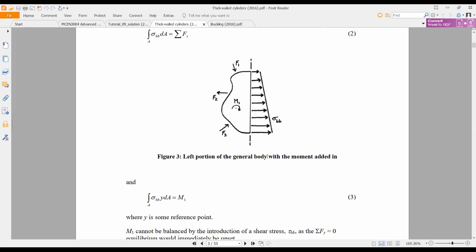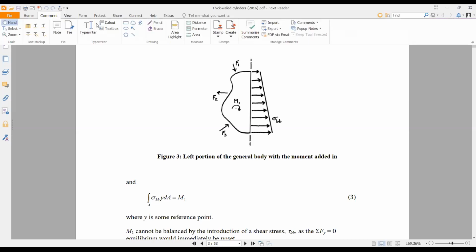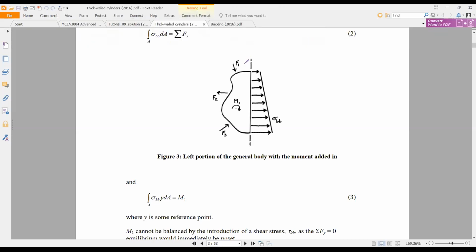So why can the shear stress not be applied to that surface? Okay, I will draw here. I think I got what you're asking. If it is not what I'm explaining, tell me.